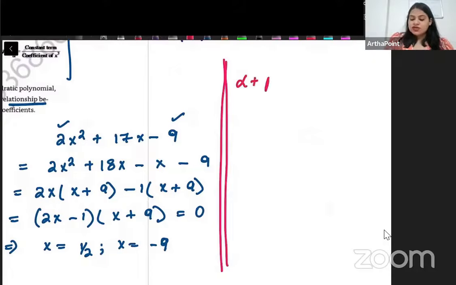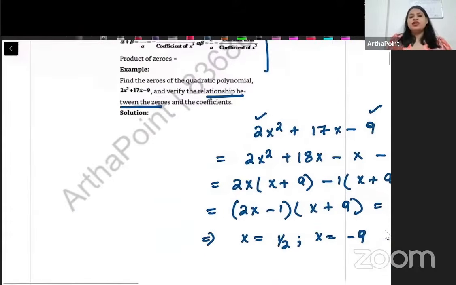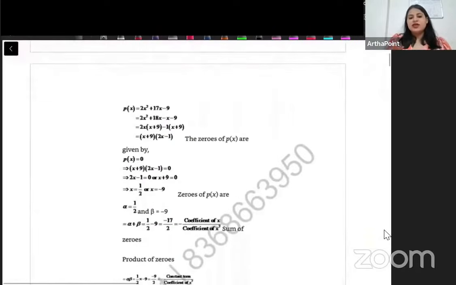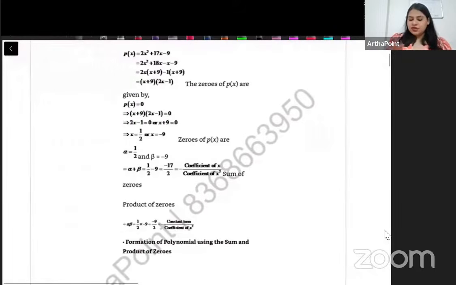That the sum of the zeros should be minus b by a, right? So let us try to verify this. So we have got alpha. Did I miss something here?